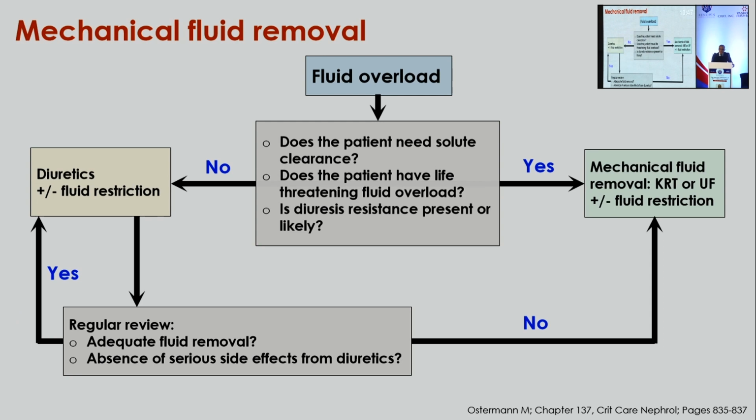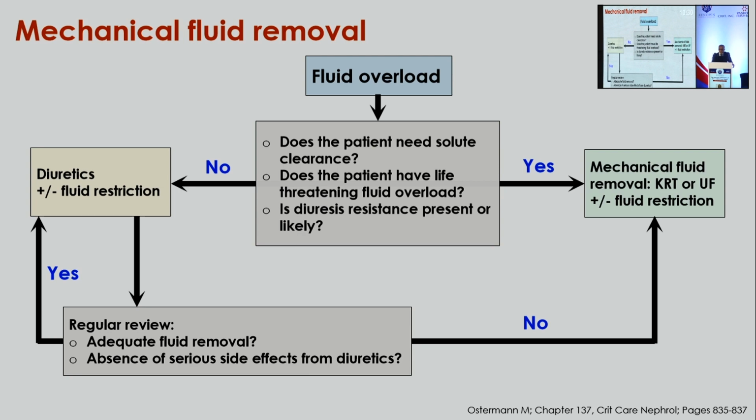Now, how do we decide which methodology to go with? Basically, there are a few questions that will help us address whether this patient requires concomitant management of solute balance, of electrolytes, of acid-base balance, and whether this patient is or is not responsive to diuretics.